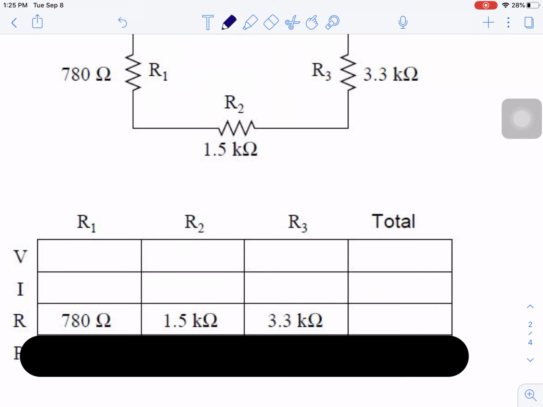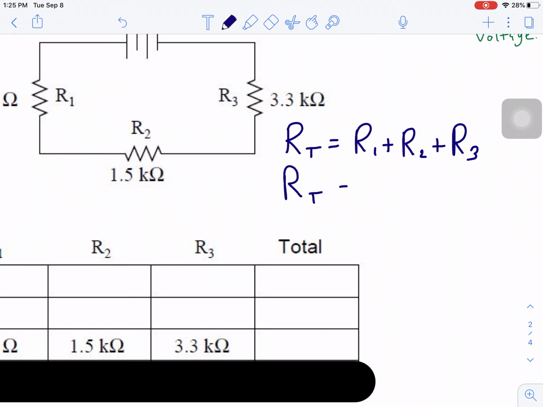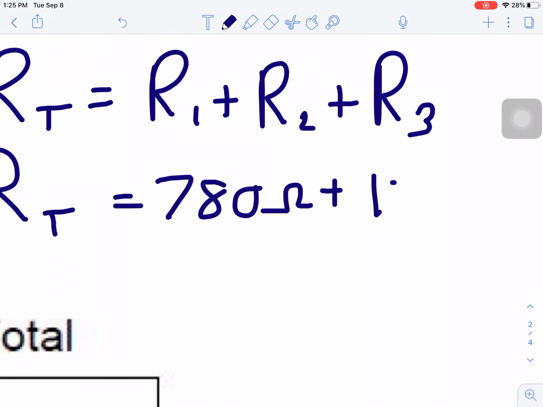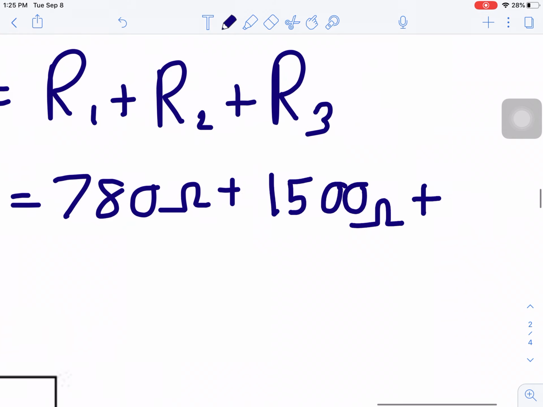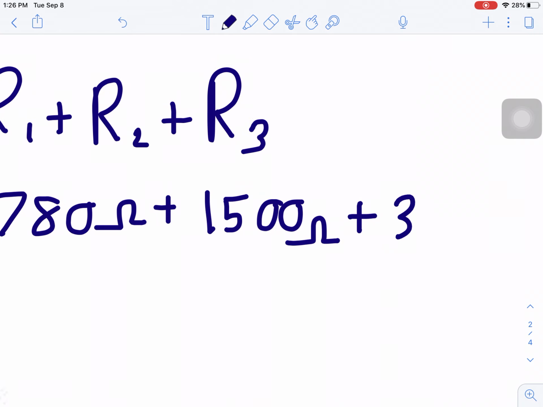So if we do it in our calculator, I'll write this out. The resistance total is R1 plus R2 plus resistor 3. The resistance total is 780 plus 1.5K, which is 1500 ohms, plus 3.3K, 3300 ohms.